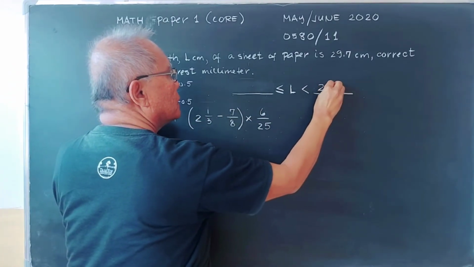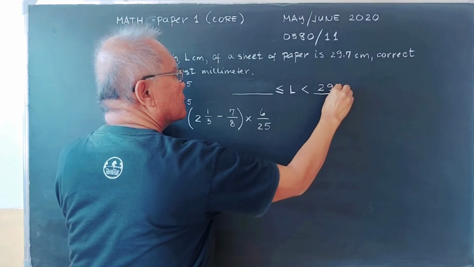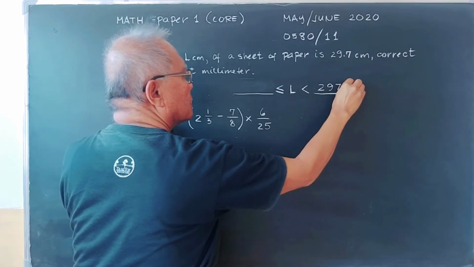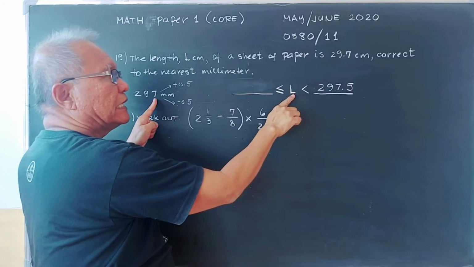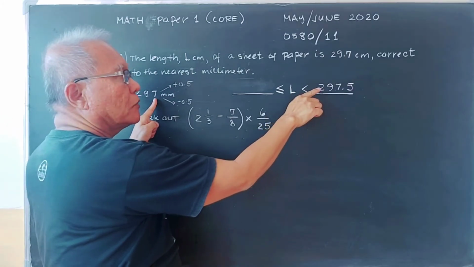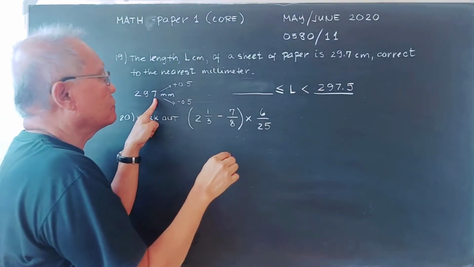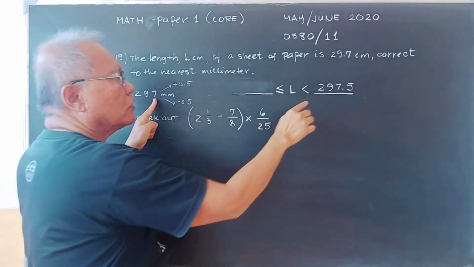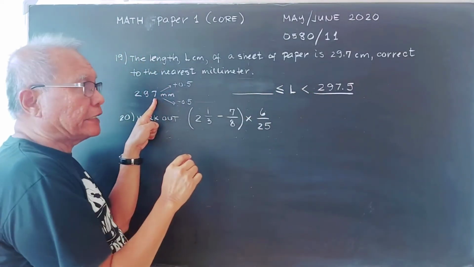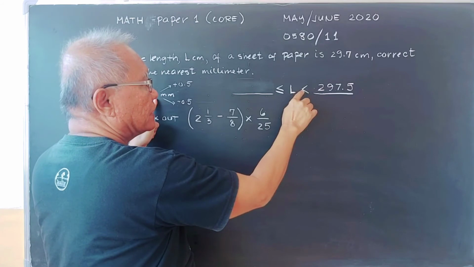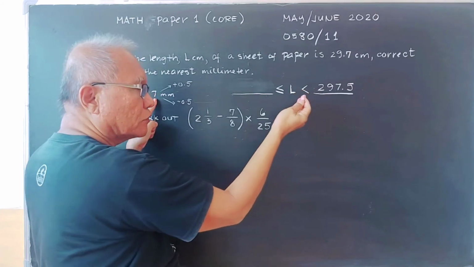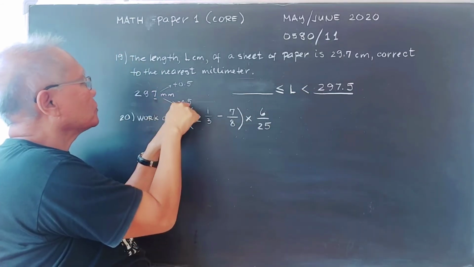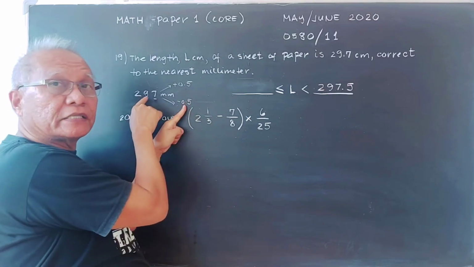So we have 297.5. But the length must be less than, not equal to 297.5, because if we are going to round off this one, it will become 298. So we have the less than here, not less than or equal to. We are going to subtract 0.5 from 297.